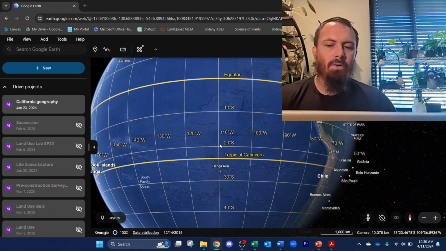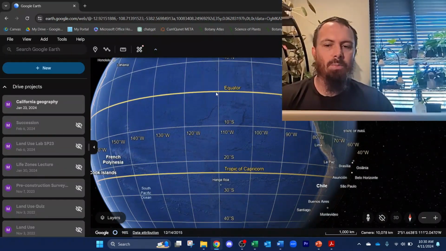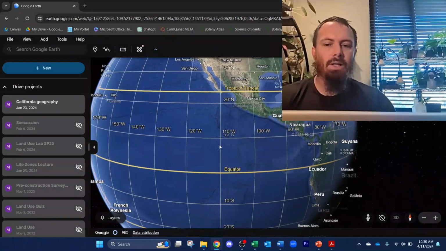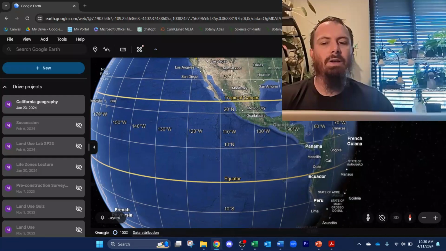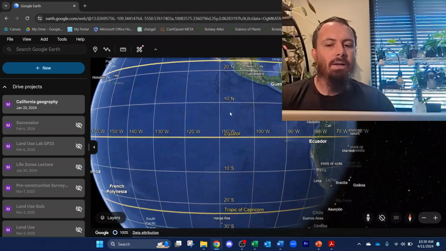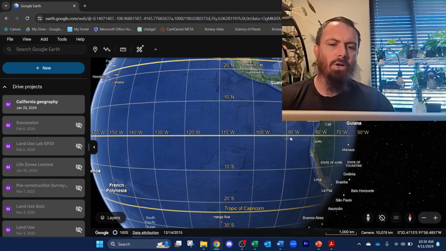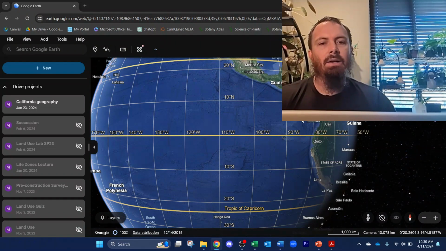You go all the way down, here's winter for us, then it goes back up to spring when it's over the equator, and then back up towards summer. It bounces back and forth. But what that means is the part of the earth that gets the most direct sunlight is going to be the equator. The sun passes directly over it twice every year.